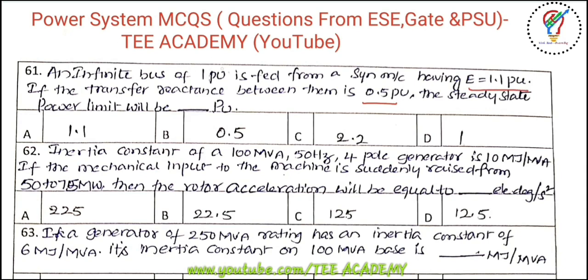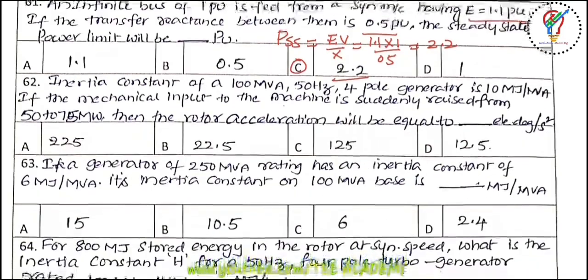The transfer reactance between them is 0.5 per unit. The steady state power limit: P_SS is equal to EV by X. E is 1.1, V is 1, divided by 0.5. Simply you can say 2.2. The options are 1.1, 0.5, 2.2, 1. So the answer is 2.2.